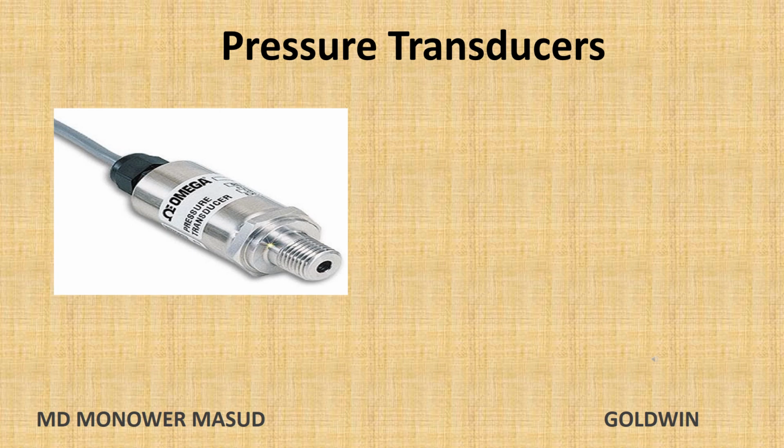This electrical signal can then be amplified, conditioned, and transmitted to monitoring or control systems. Components. Sensing element, e.g., strain gauge, piezoelectric crystal. Signal conditioning circuitry. Output interface, analog or digital.